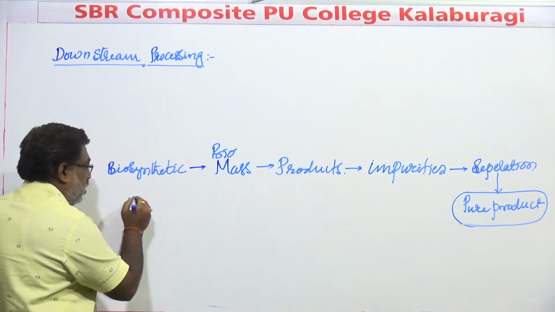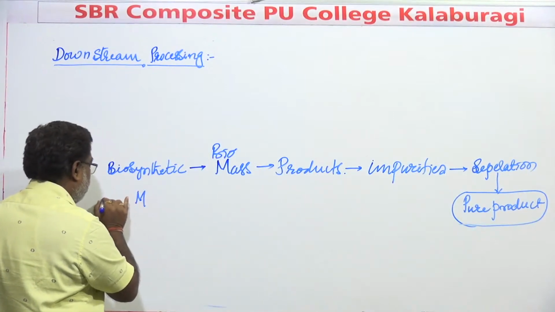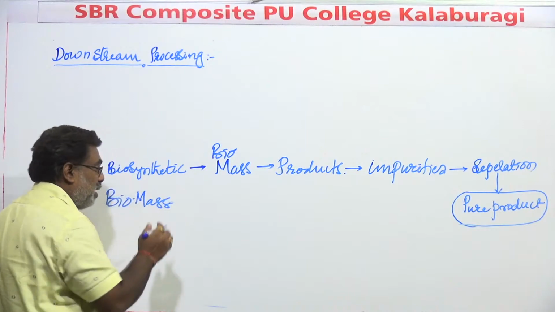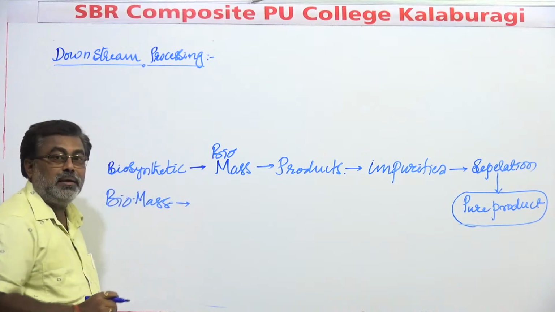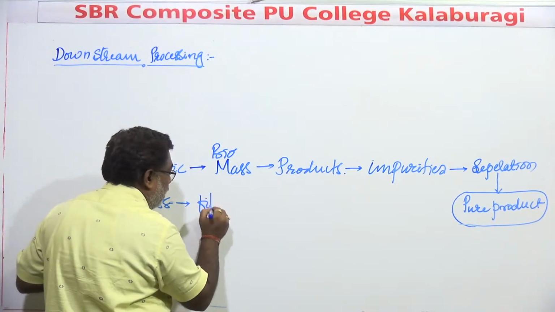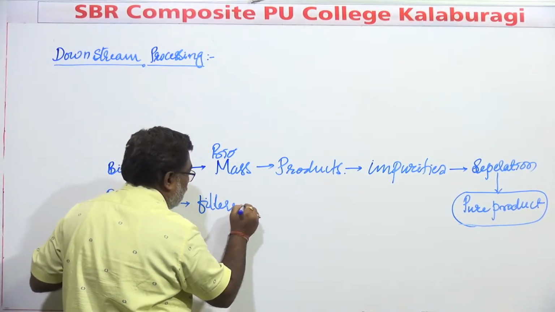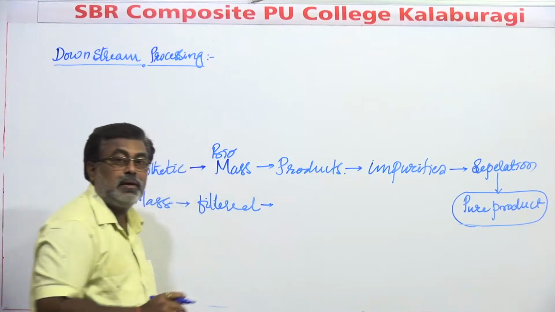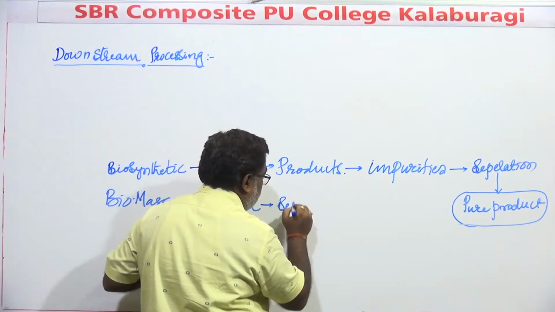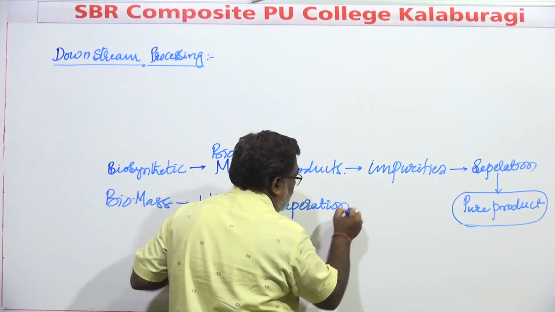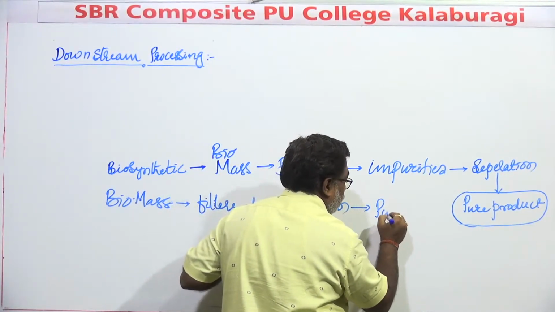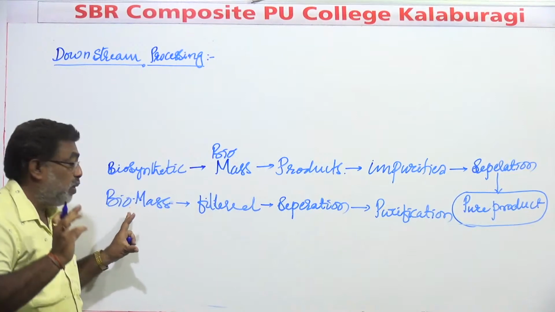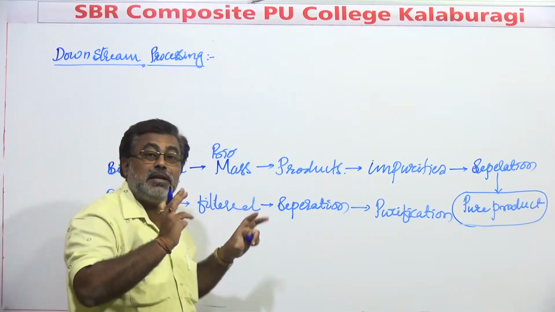How will we get the pure product? Here, the biomass will be filtered, then separation, then purification. What happens is that the biomass will be filtered, then separation takes place.